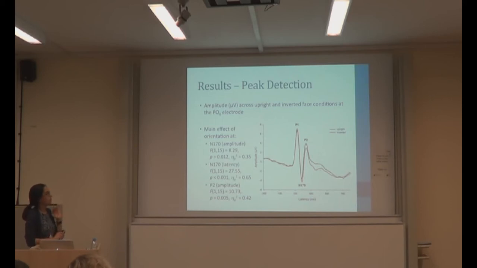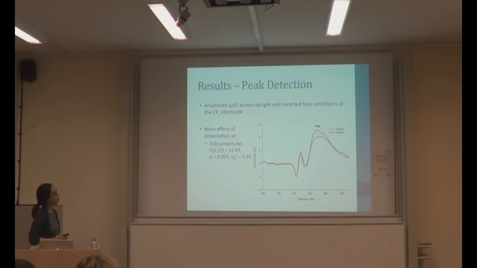There were main effects of orientation for amplitude of the N170, with inverted faces eliciting a greater amplitude, but also inverted faces eliciting increased latency of the N170, and for P2, upright faces elicited a larger amplitude.